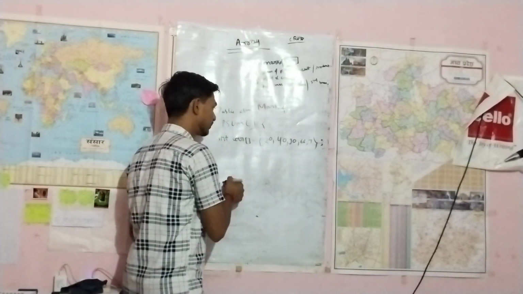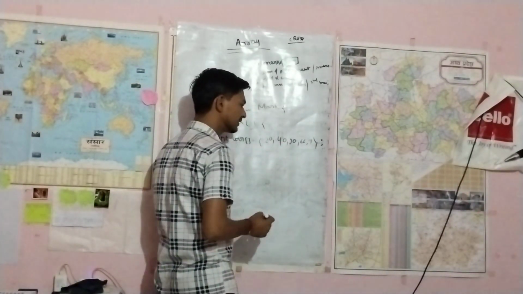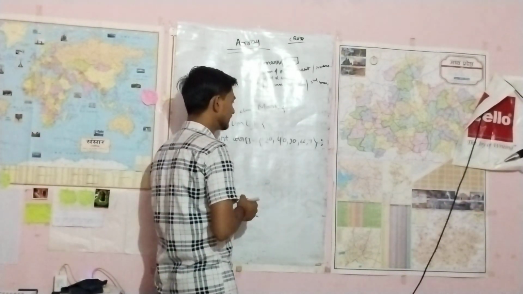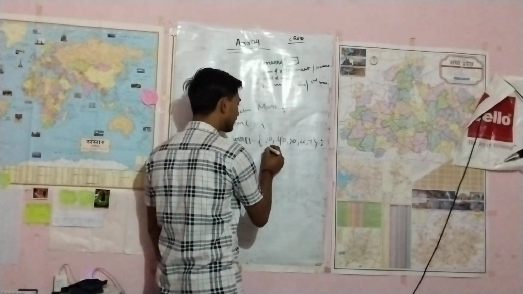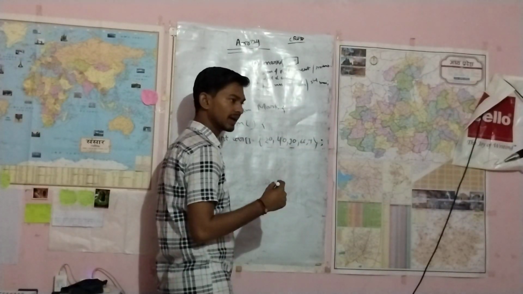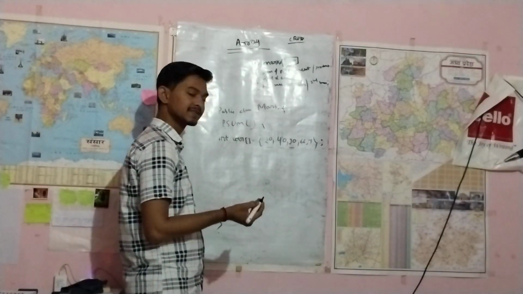So what we have to do now, firstly we have to find the roll numbers of those students who have scored less than 35. So we have to traverse all the marks so that I can get how many students have scored less than 35.